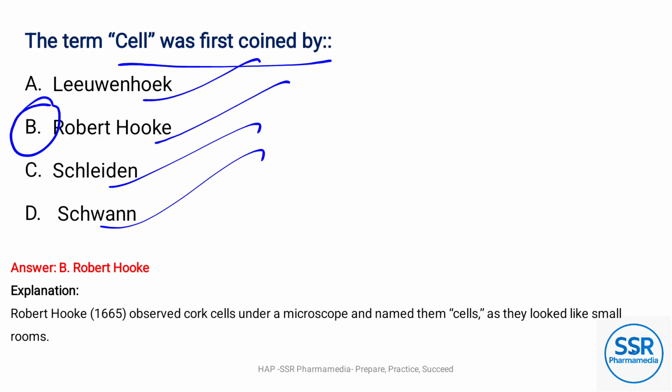Robert Hooke in 1665 observed cork cells under a microscope and named them cells as they looked like small rooms. So he was the first to coin the term cell.